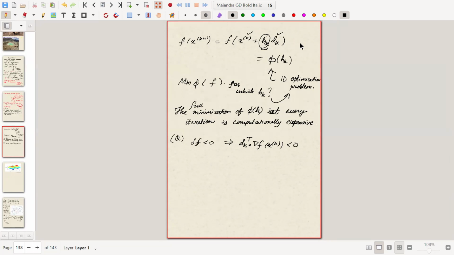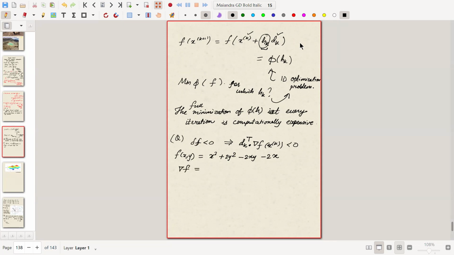Now we will solve a problem based on this. Suppose you have the same example as before. We will take our favorite function, x square plus 2y square minus 2xy minus 2x. All right, can you find the gradient of f?